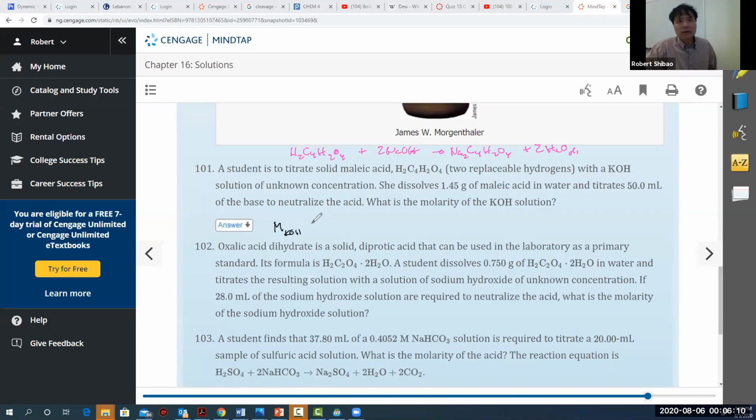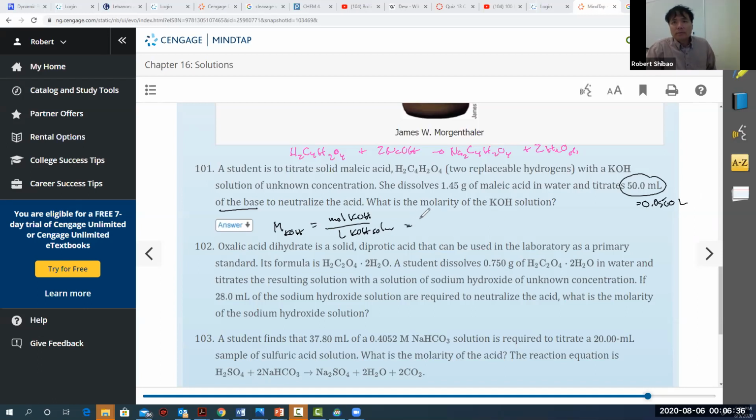In order to have the molarity of the KOH, we need to know the moles of KOH divided by the liters of KOH solution.